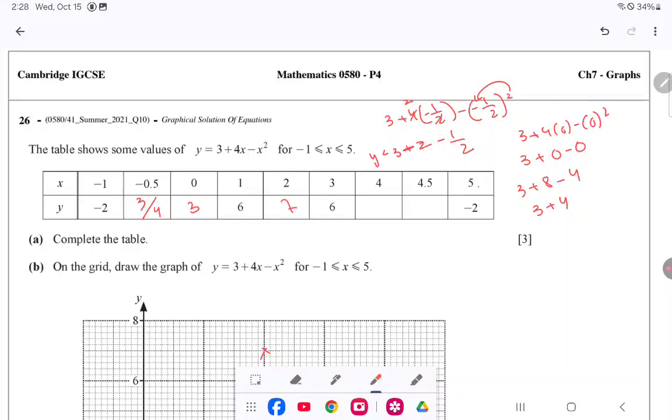And again when you put the value of 4, it will give you 3 again.